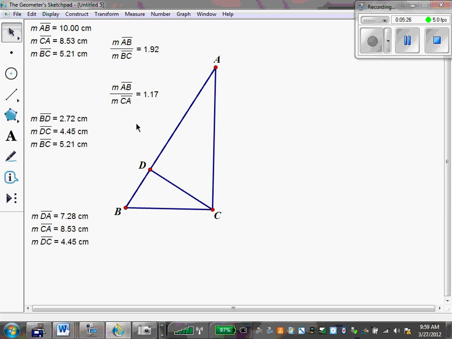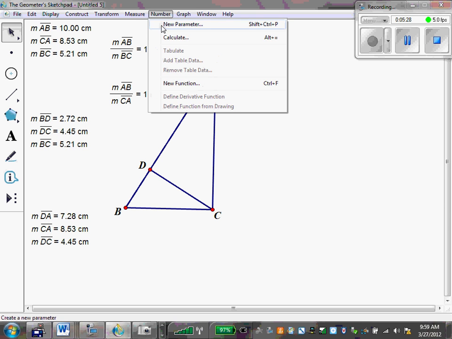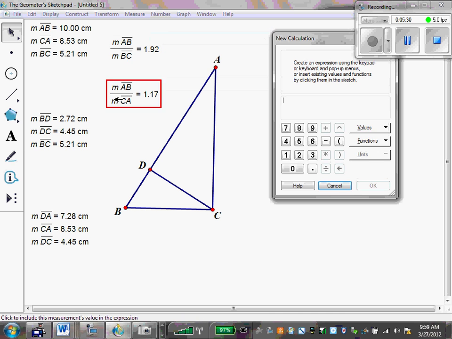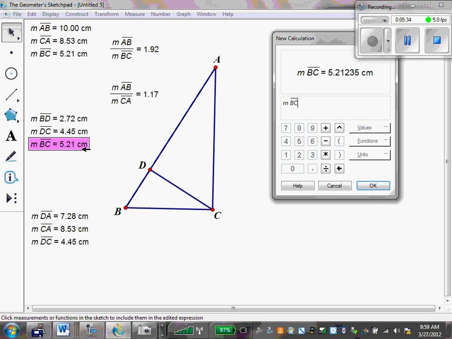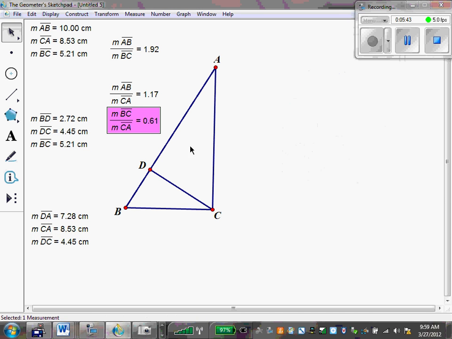So I am going to do BC and AC. So we have three different ratios there, just looking at the different ratios between our hypotenuses.